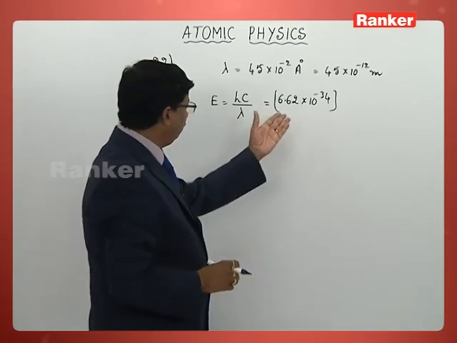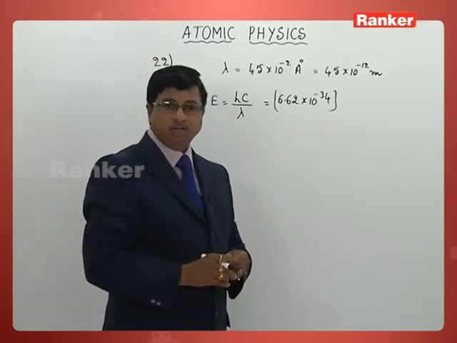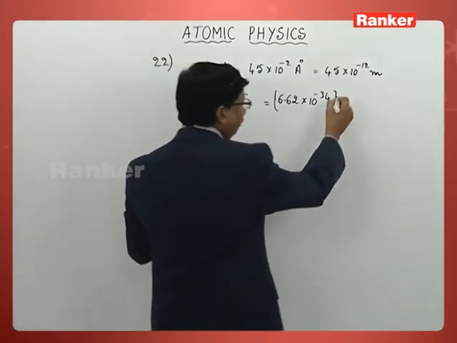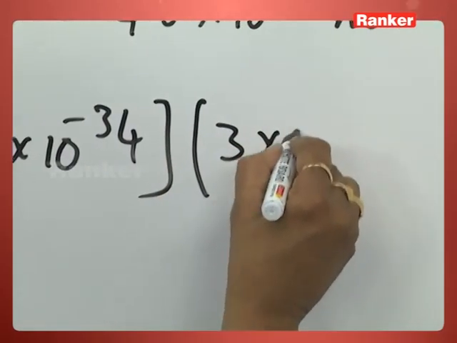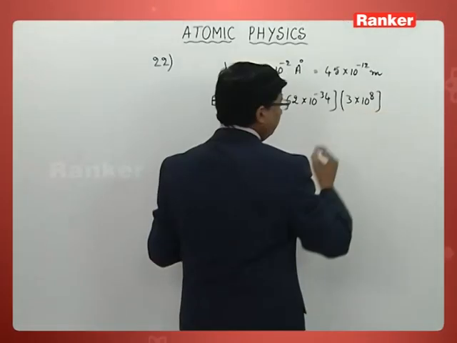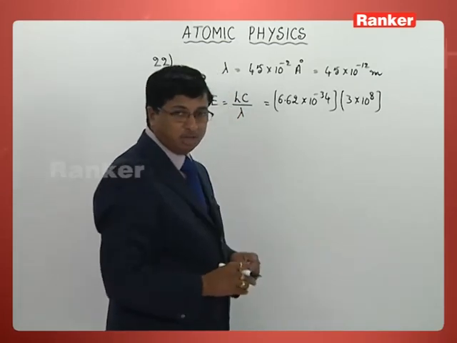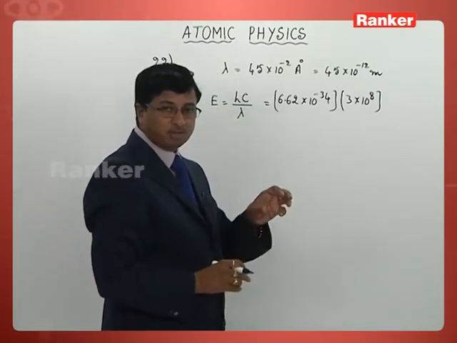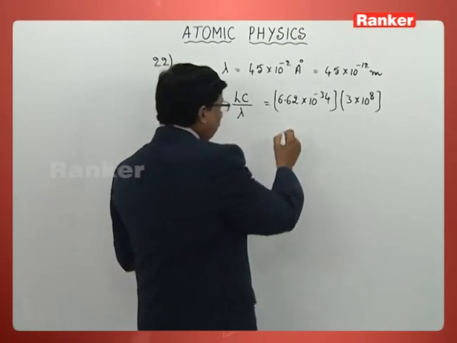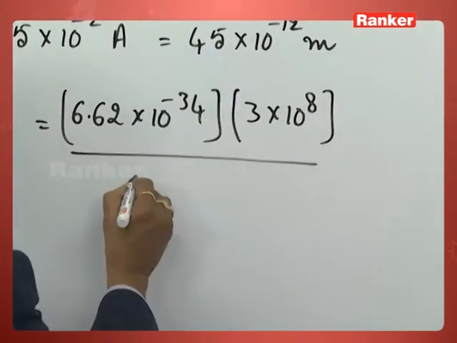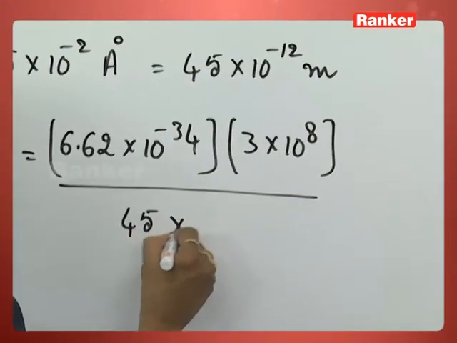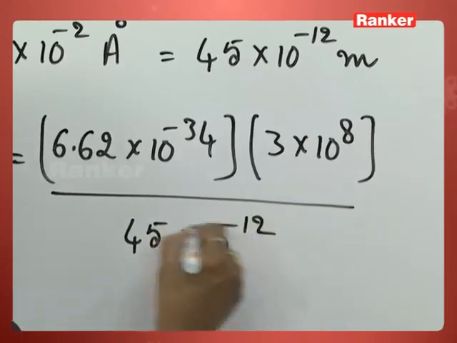In fact, that is a standard value. Into the value of c that is given, 3 into 10 to the power 8 meter per second, 3 into 10 power 10 centimeter per second, that is the velocity of light, whole divided by this value 45 into 10 power minus 12.